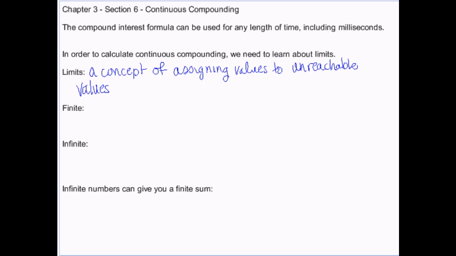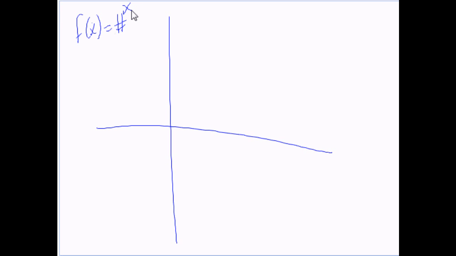Hold on one second. Okay, so if we have a function, let's say we have an exponential function. And an exponential function is a function that grows exponentially because it's some number to the exponent of x. And every exponential function looks pretty much like that.